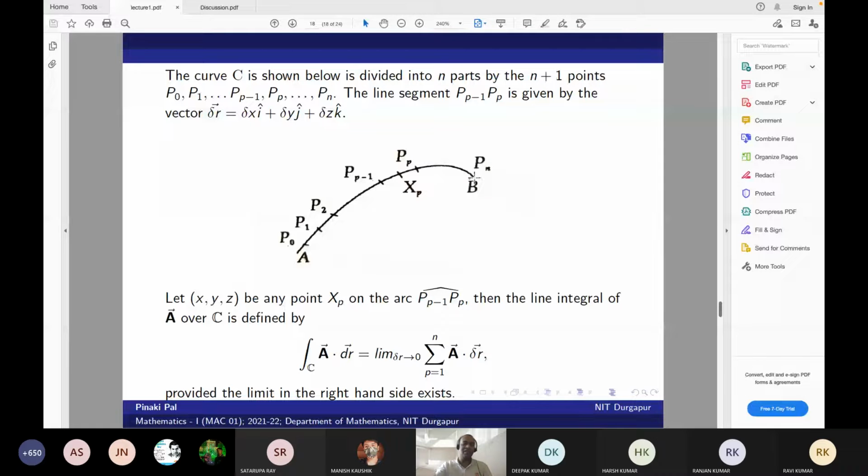Instead of a scalar function f(x), at each point on this line, a vector function A is defined. So basic ingredients have been changed, but we are trying to implement the same idea for defining the line integral. Line means a line in space. It may be a straight line or a curved line. It does not matter.